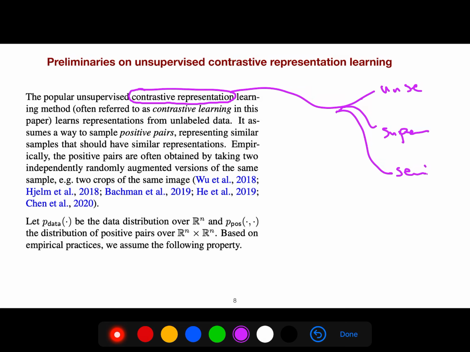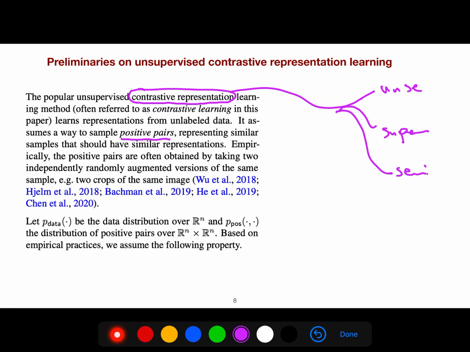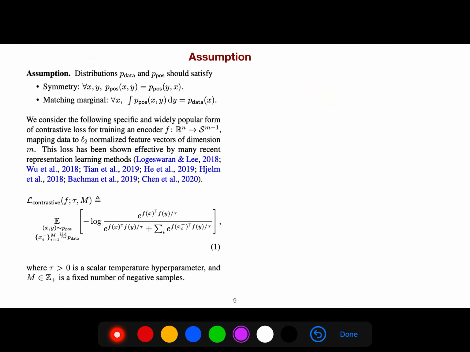Here it assumes a way to sample positive pairs representing similar samples that should have similar representations. P data is just the data distribution, and P pos is just the distribution of positive pairs. The only assumption that we have is that the distribution should be symmetric, and it should have matching marginals.